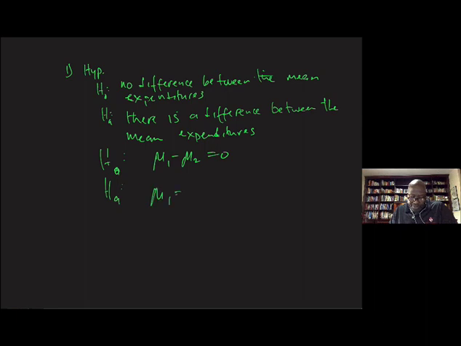But HA: mu1 minus mu2 is not equal to 0. That means that there's a difference between them. We're not actually making a claim about which one is larger. All we're going to claim right now is that there is a difference between them. All right. So H0: mu1 minus mu2 is equal to 0, versus HA: mu1 minus mu2 is not equal to 0.